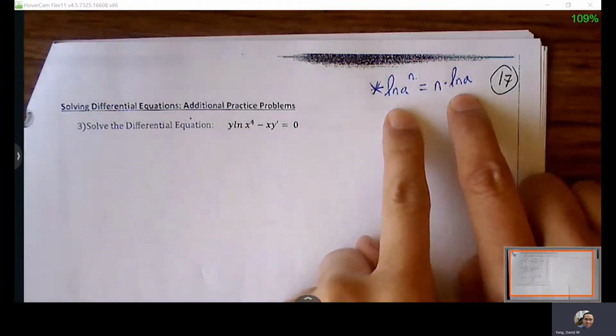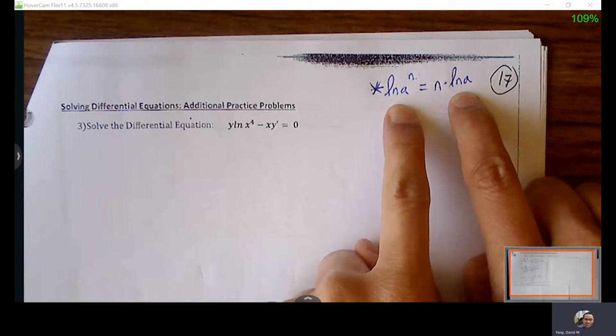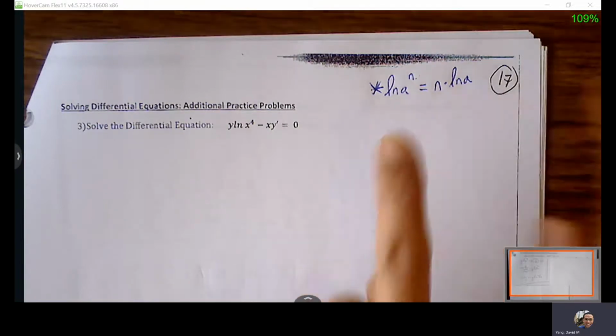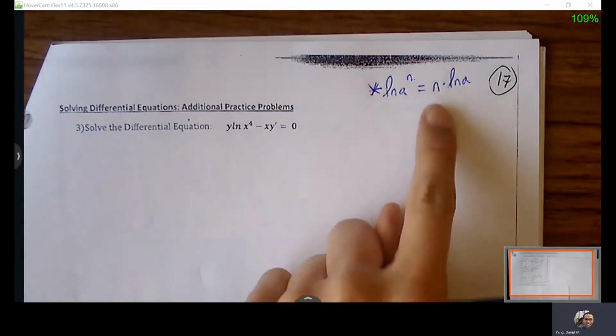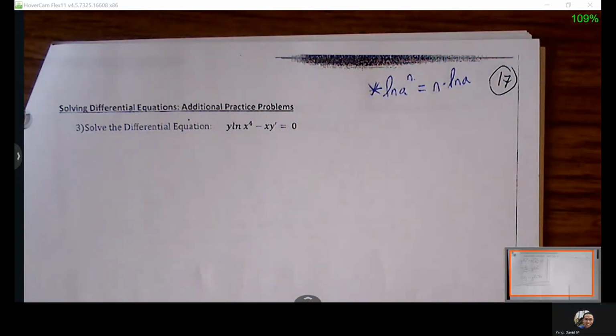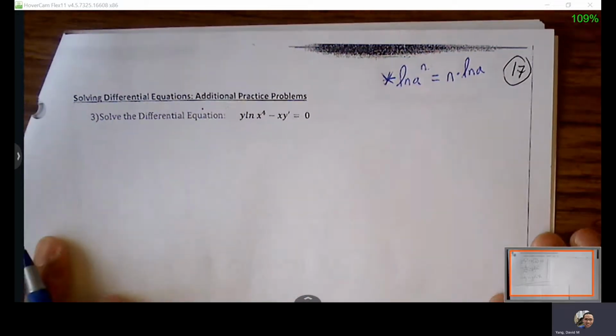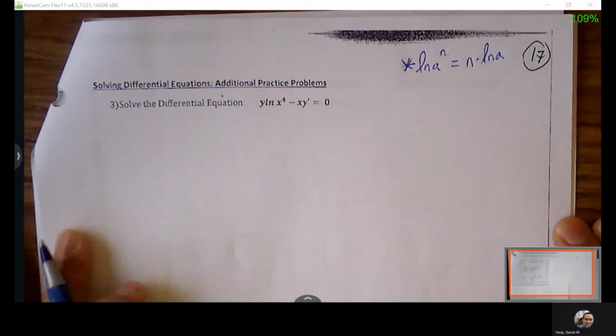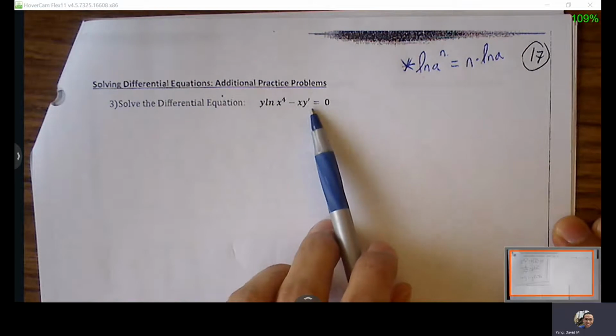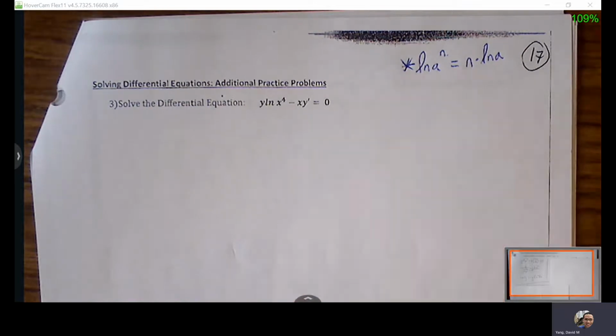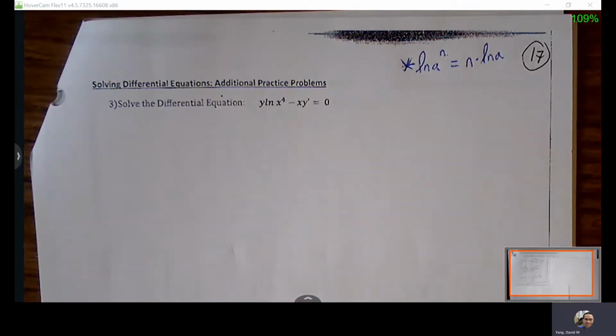So keep in mind that this can be done at any time. There's no calculus, there's no derivative process here. It's just a property that can be useful, especially if you're trying to clean up. But first things first, right? Rewrite y prime, get your fraction set, and then cross multiply.